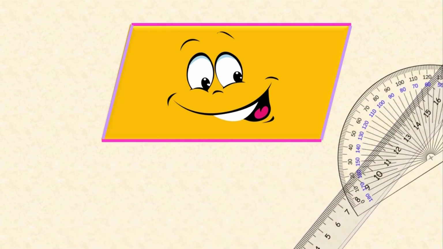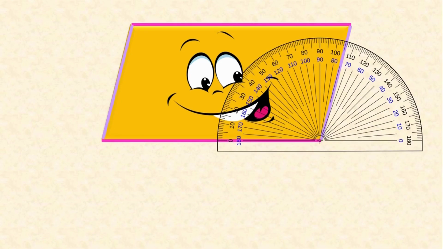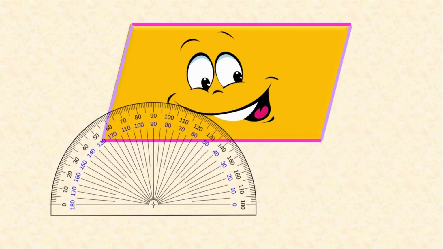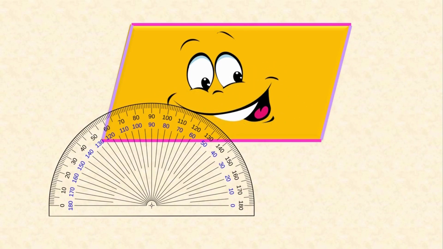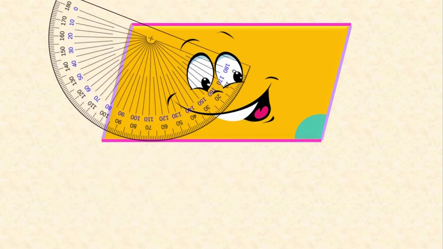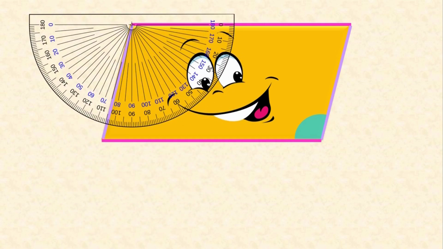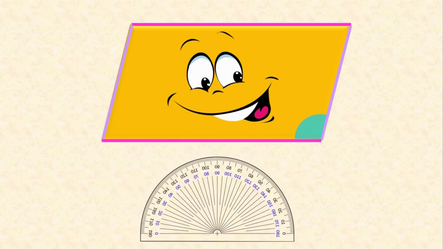Also, if we measure all angles of this shape, we will find another special feature of the parallelogram. For example, if we determine this angle that is shown by blue color and also determine the opposite angle, we will find out that those angles are equal to each other.